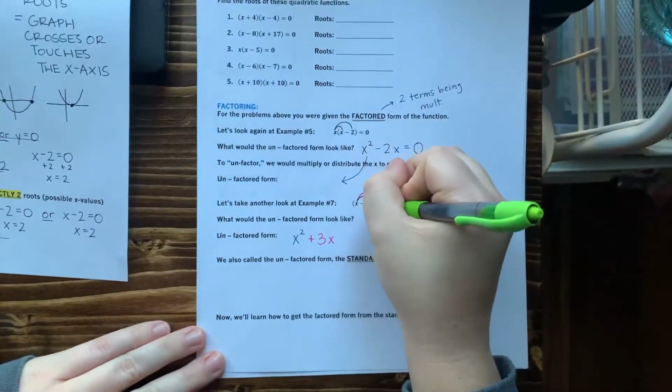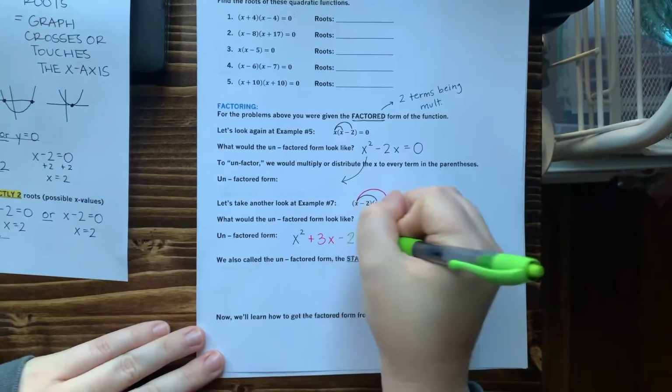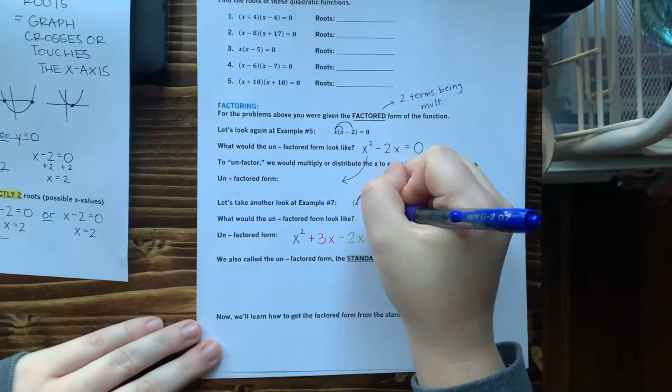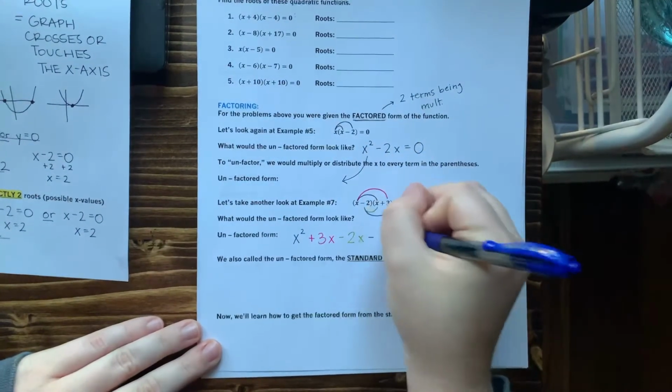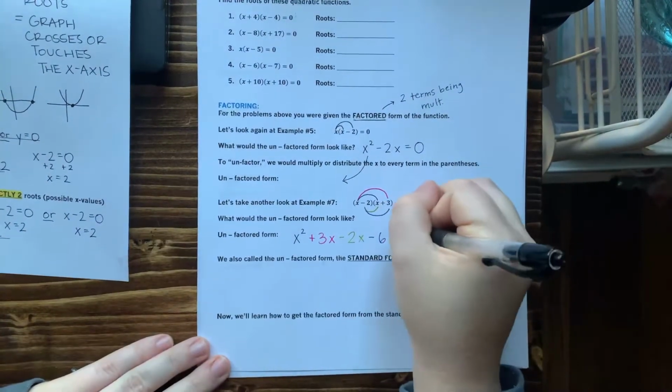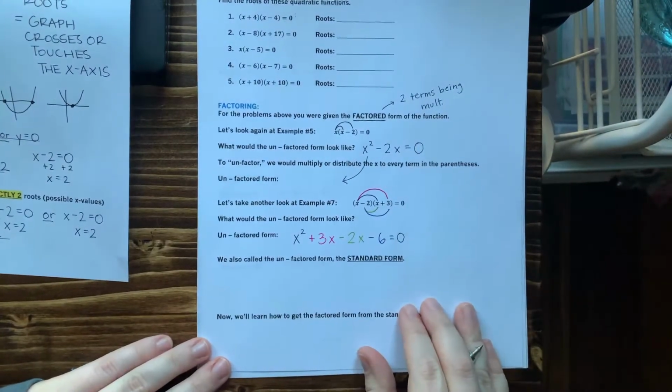Negative 2 times x is negative 2x. Negative 2 times 3 is negative 6. And this is all still equal to 0.